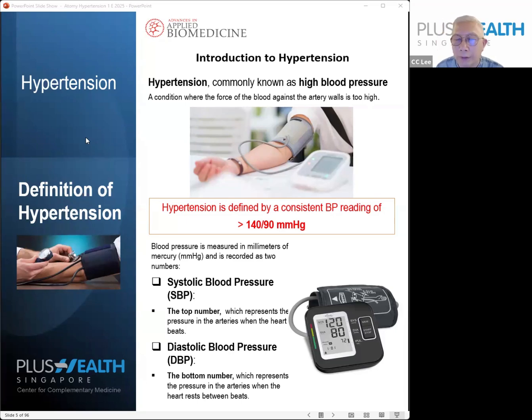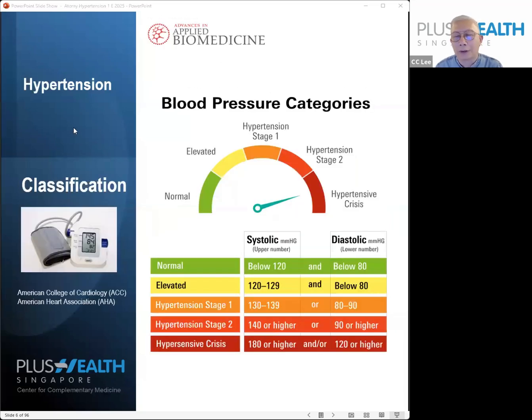Basically, if you are in this state, you will definitely need to take medication to address the issue. So this sets a baseline of what we're going to discuss today.